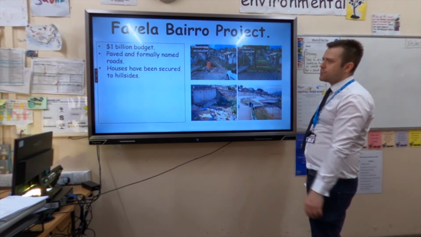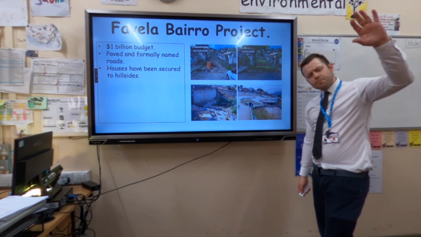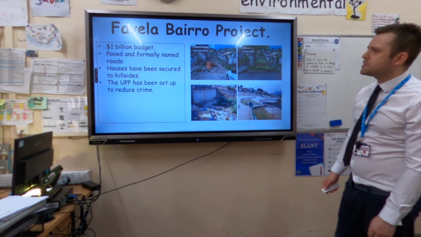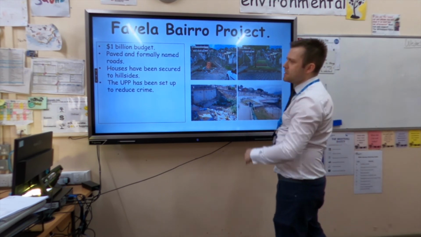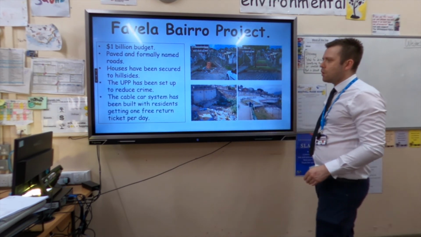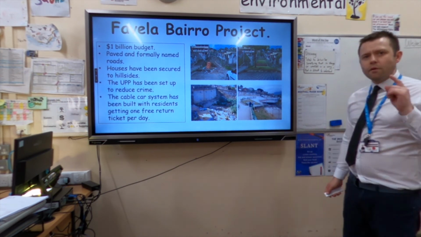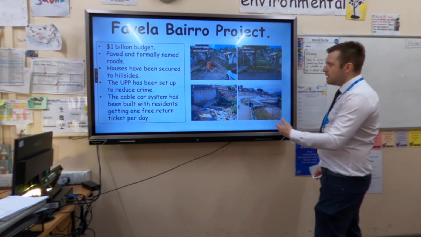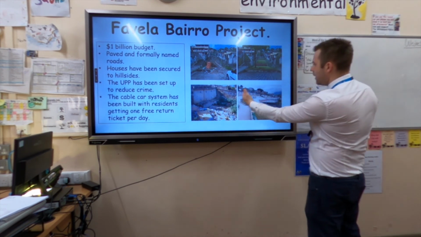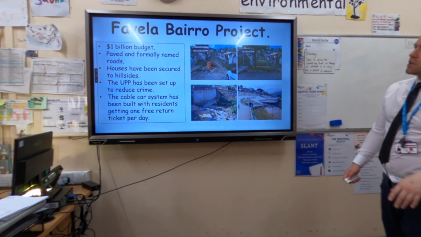Houses have been secured to the hillsides, so they've been pinned down to stop them collapsing. The UPP has been sent in and set up to reduce crime, and the cable car system has been built with residents getting one free return ticket every day. And we can see some images of before and after the Favela Barrio project took place.